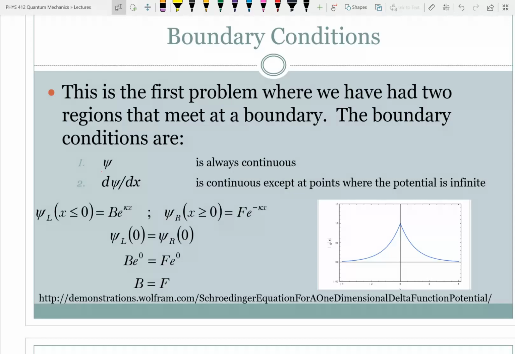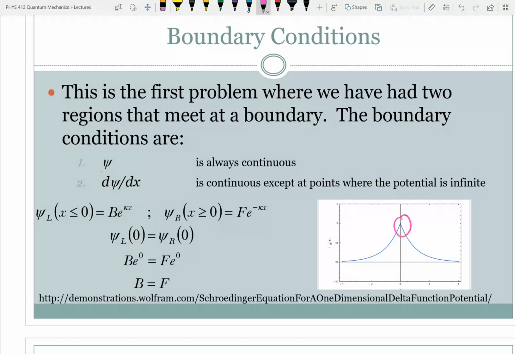We have normally two boundary conditions, that the wave function must be continuous and that the slope must be continuous. Plus it has to be normalizable, so that already allows us to kick out two numbers. Now we're going to explore why the slope being continuous normally exists but doesn't exist here.